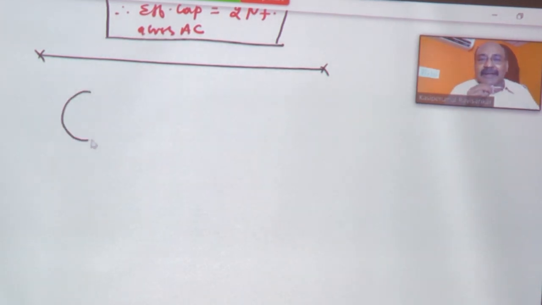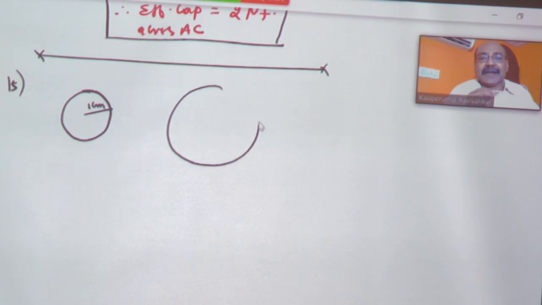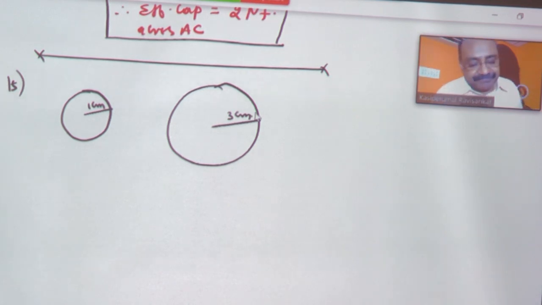One of the metallic spheres is of smaller radius, that is 1 centimeter, and another sphere is of greater radius, and let us take this radius as 3 centimeter. They are given charges.